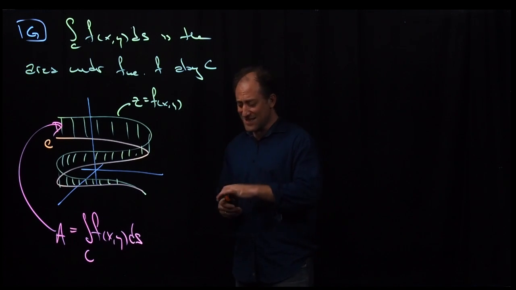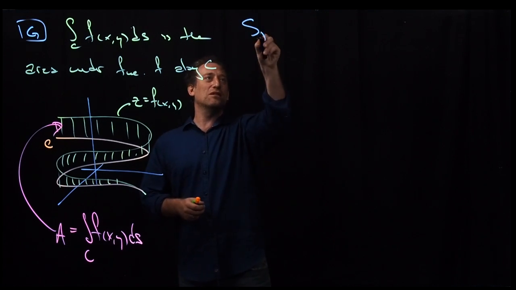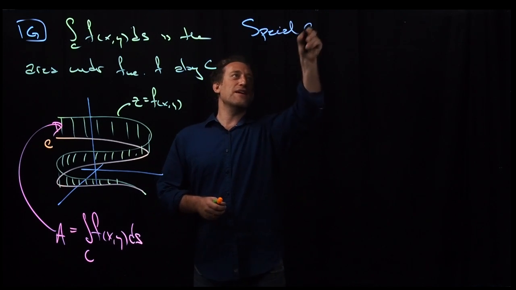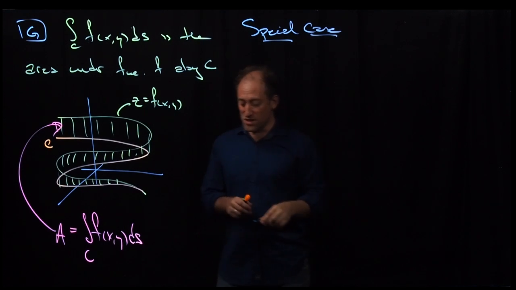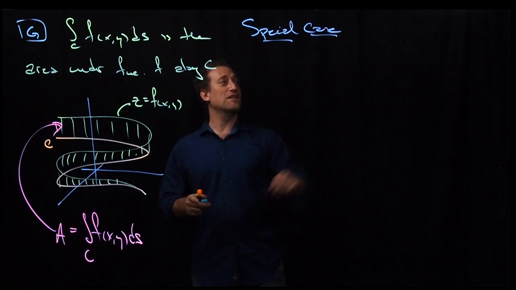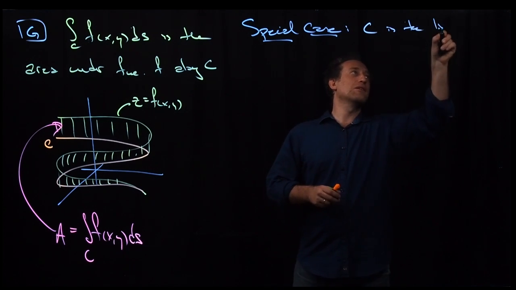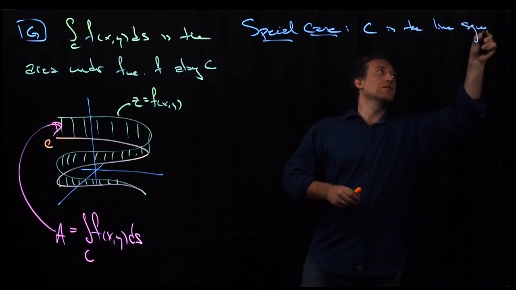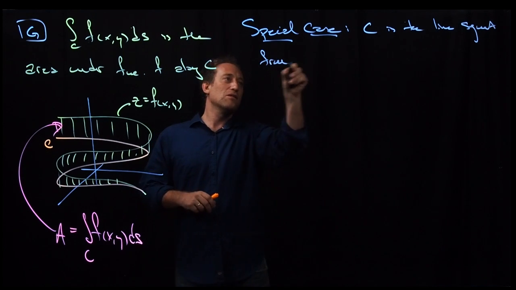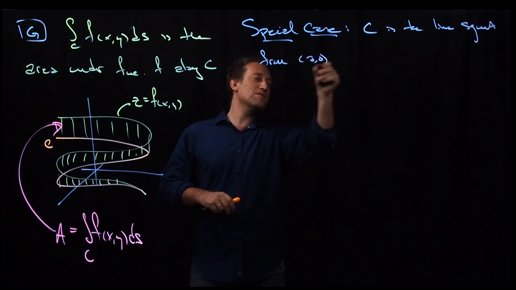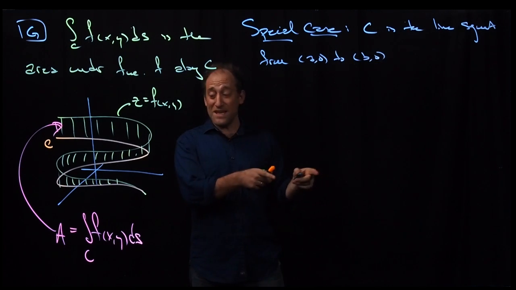To make this clear, consider the following special case of this line integral that I've only just a moment ago defined. The special case where C is the line segment in R2, but from just A0 to B0.